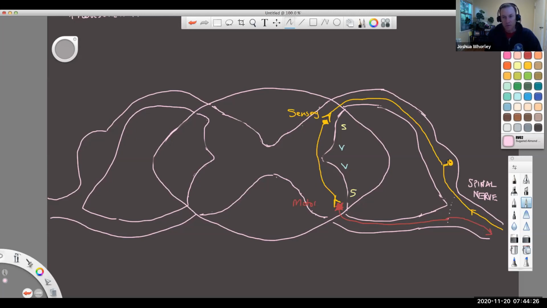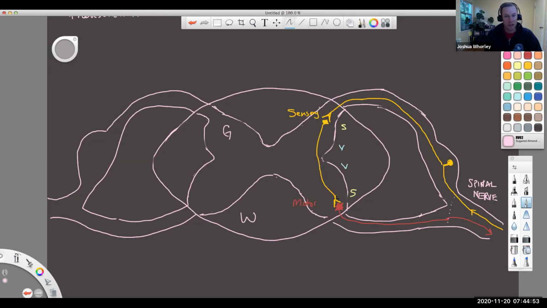Incoming sensory information, the cell body is here, propagates to the sensory portion of the gray matter, right? Gray and white matter. So all this is myelinated. All that's myelinated. Synapses here with a somatic sensory relay neuron. This is now unmyelinated because it's in the gray matter.